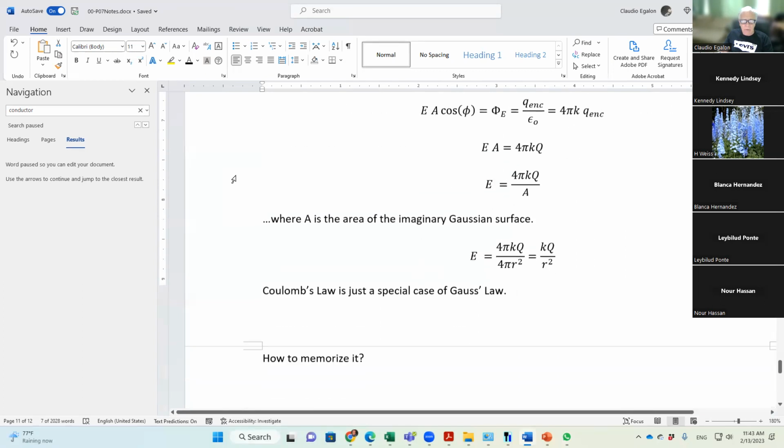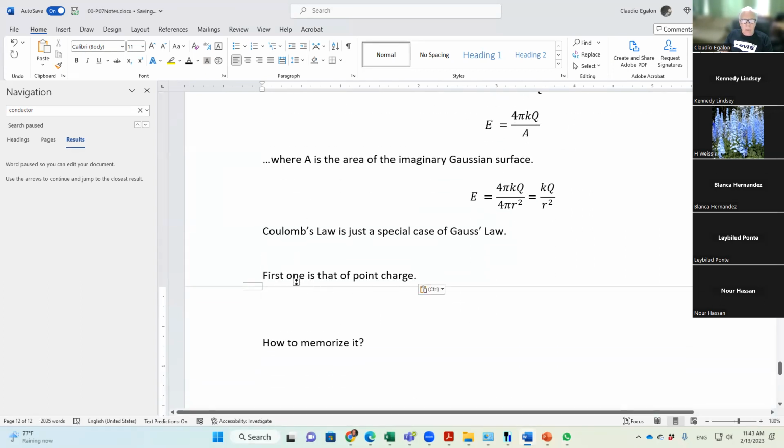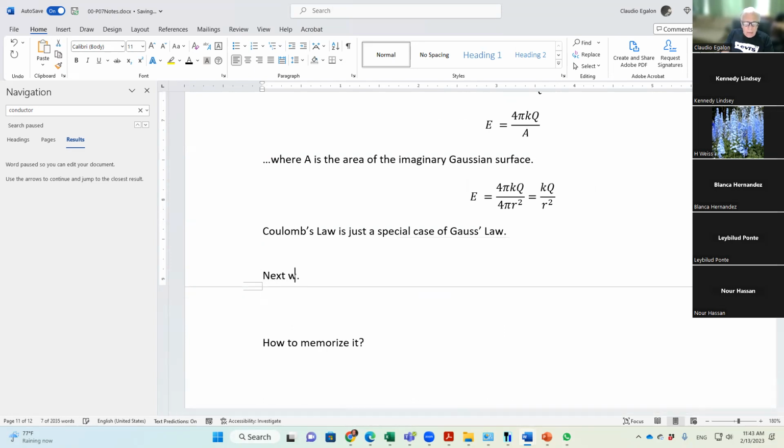The next one that you should know is next. We will use Gauss's law to find the electric field of a charged thin spherical shell.